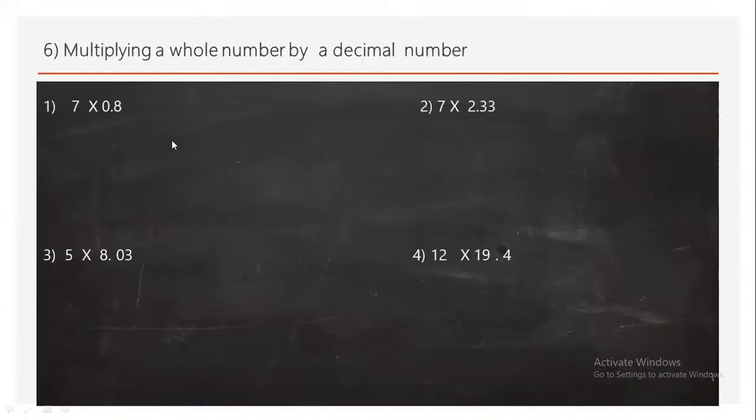Multiplying a whole number by a decimal number. Multiplying a whole number by a decimal, right? It means 7 into 0.8. 8 times 7, 56.